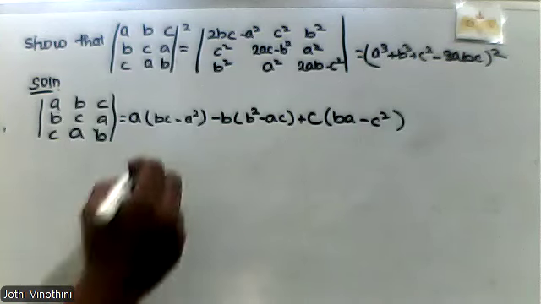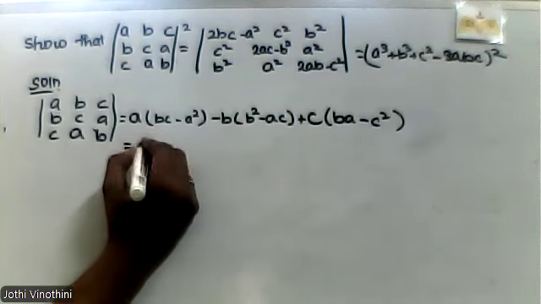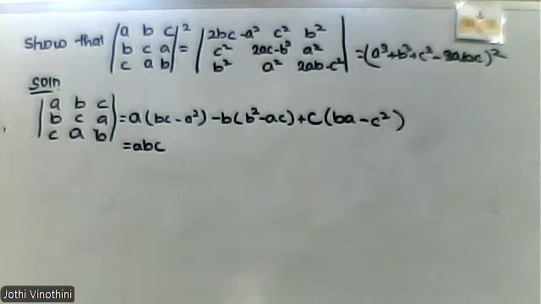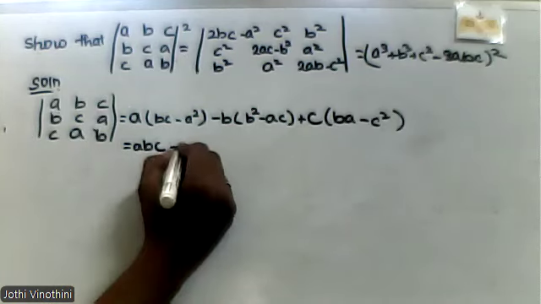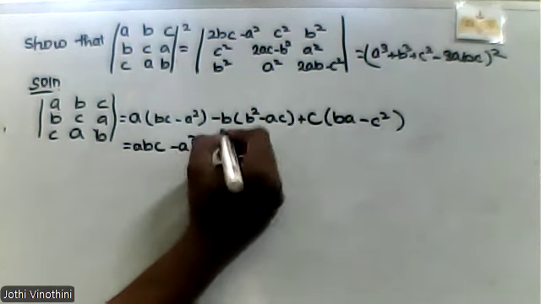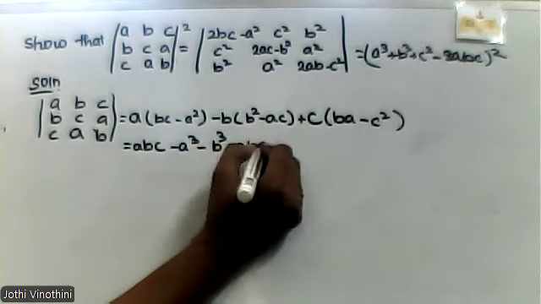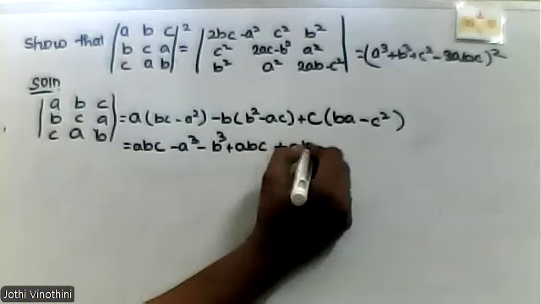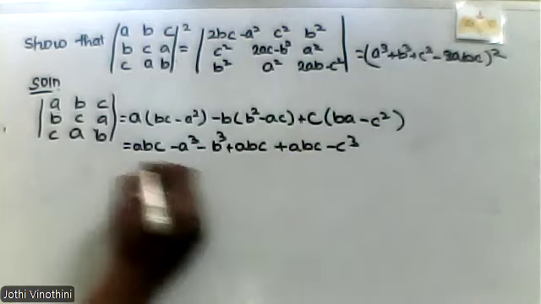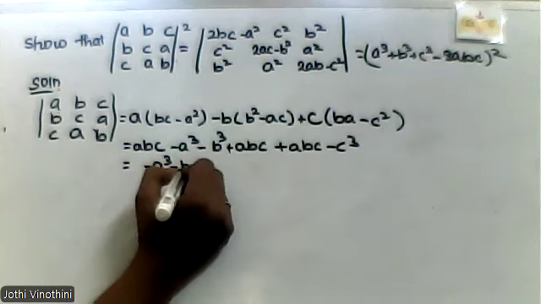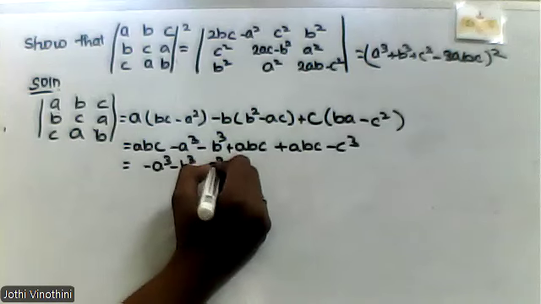So now I'm going to multiply this a within this, so it will be ABC minus A cube, minus B cube, minus into minus plus, so ABC and plus ABC minus C cube. So I'm going to write like this, minus A cube minus B cube minus C cube.